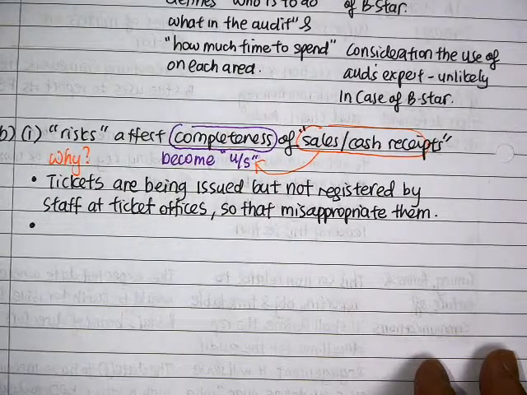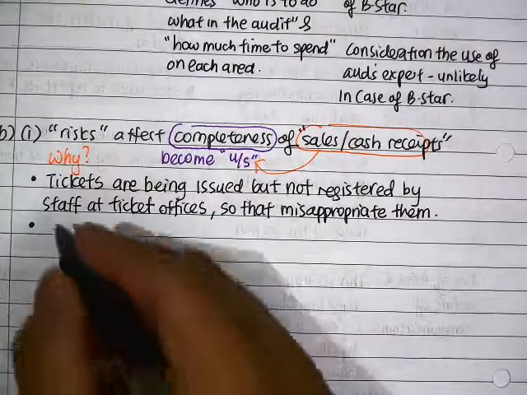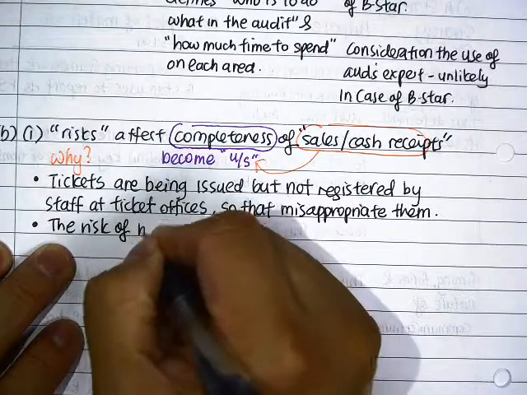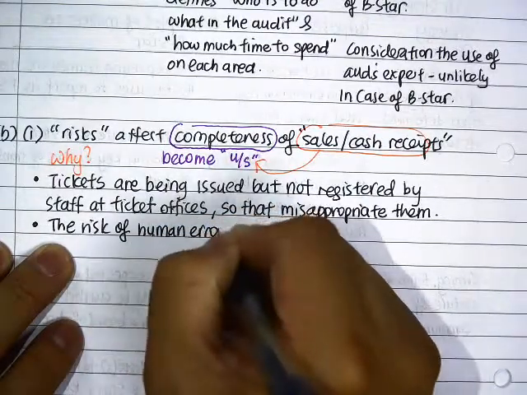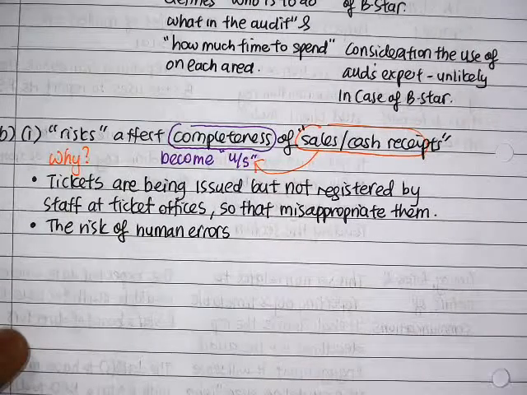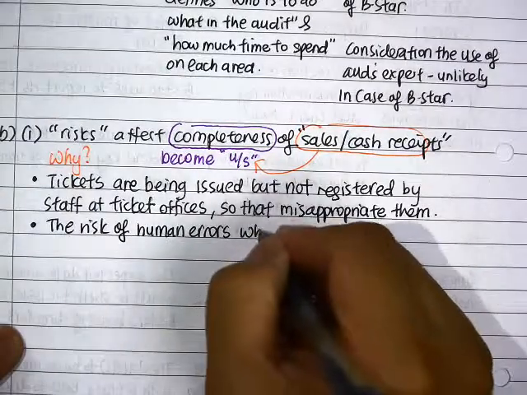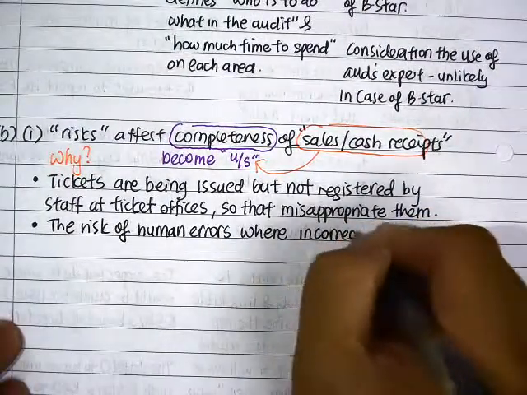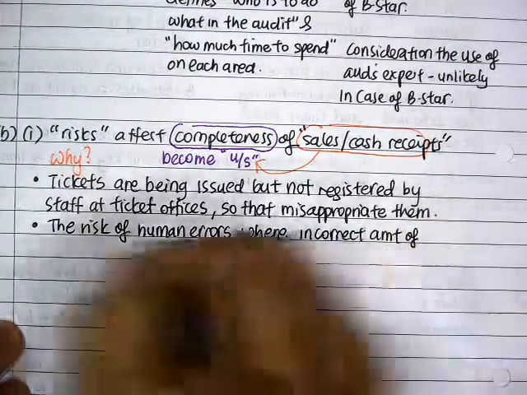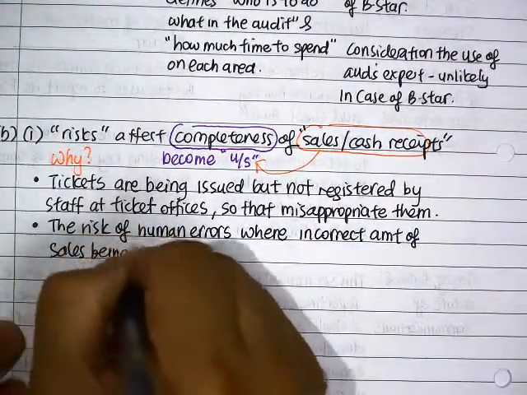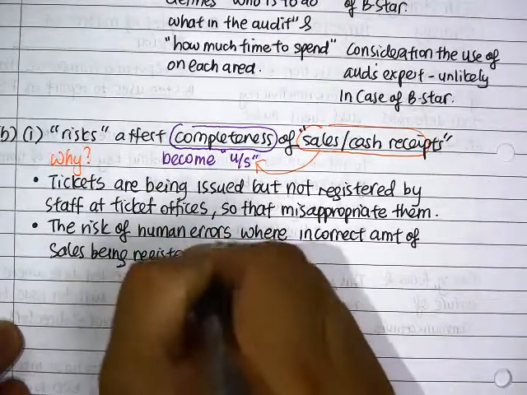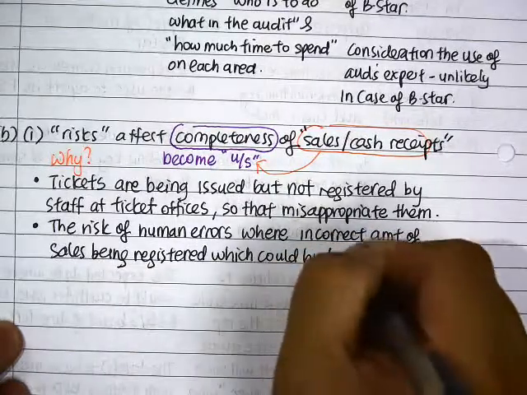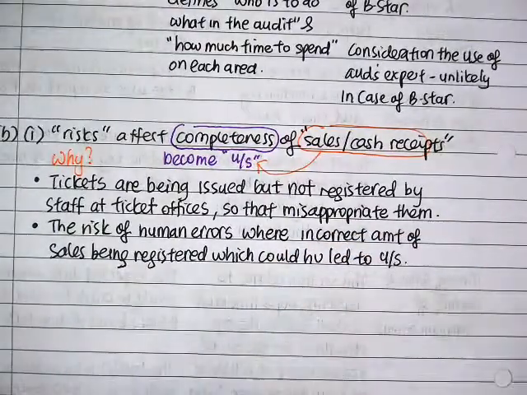Human error. Maybe. Why not? It's perfectly fine. Okay. The risk of human errors, where an incorrect amount of sales is being registered, which could have led to understatement.